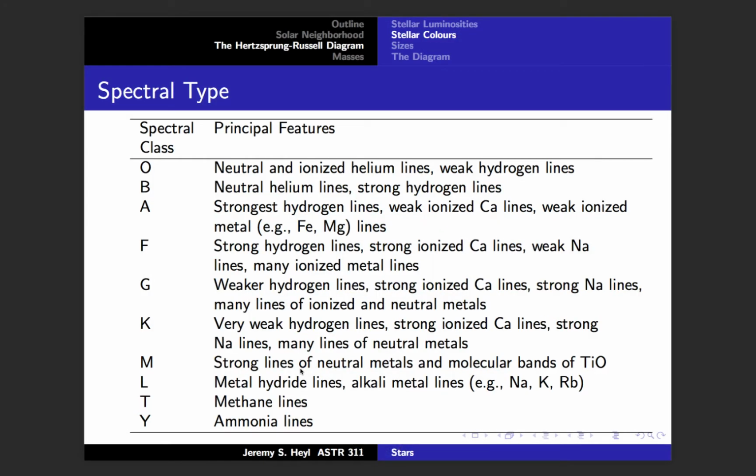So here's just a table that is reiterating what I was saying earlier. We have all these spectral classes that go down to M, and then there's other ones. As the stars get even cooler, they aren't necessarily stars, they may be brown dwarfs, and we see other molecules showing up, and that can dramatically change how the star appears.